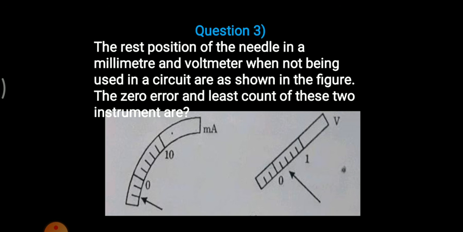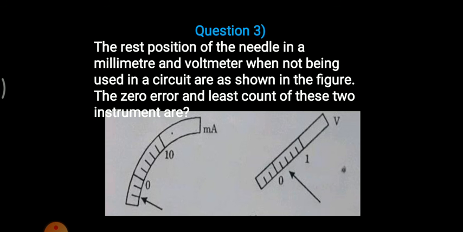Now question 3 is again a diagrammatic representation. The rest position of the needle in a milliammeter and voltmeter is given. This is mA, which stands for milliammeter, and V stands for voltmeter. A certain scale has been given.